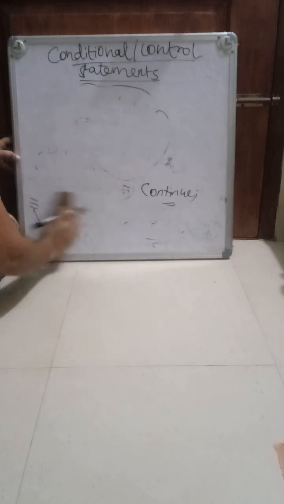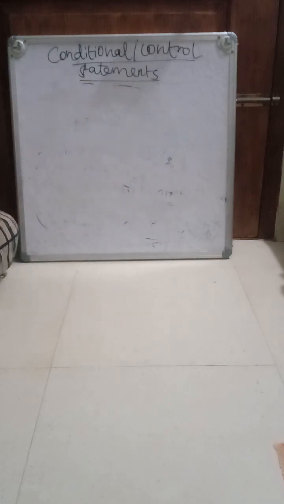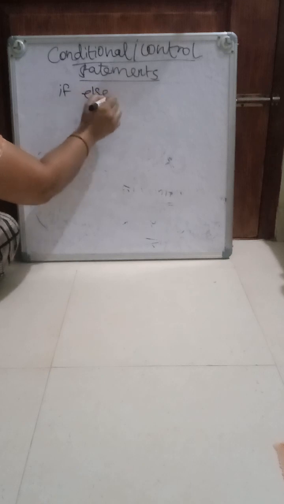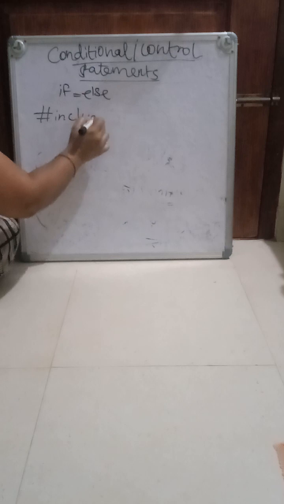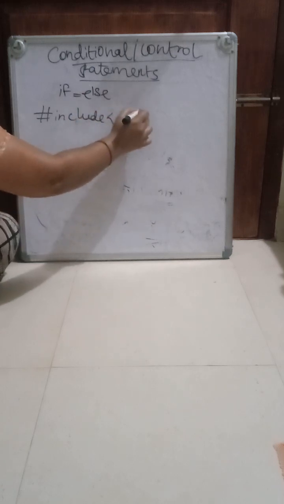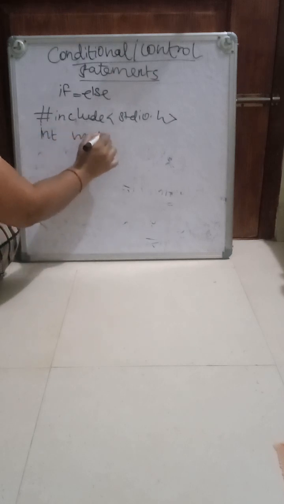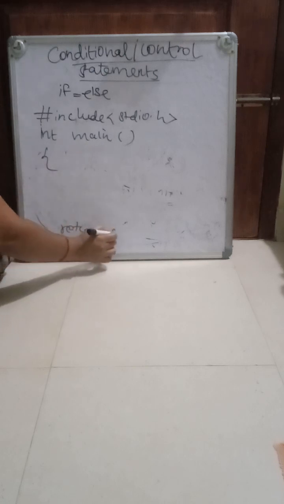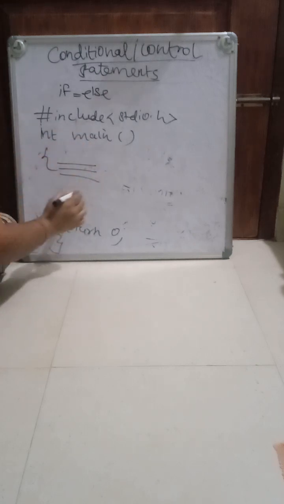For example, if I am going to write a program for the if-else statement, we will include a header file. After including the header file, we add our main function. Inside the main function, first we add a return statement. Then we can add certain statements.